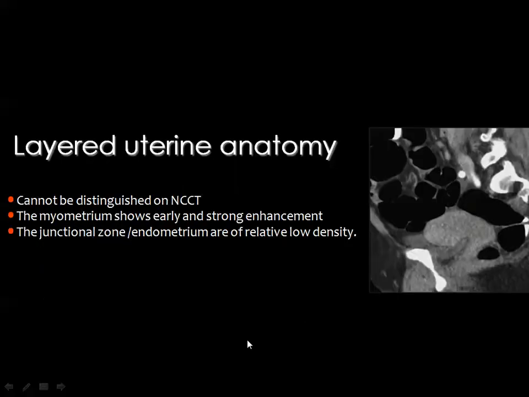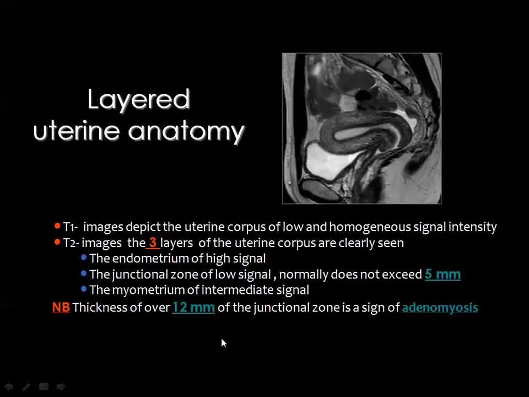And if you have the sagittal reconstructed image of the uterus by CT, you cannot, of course, see the zonal anatomy, but you are able to measure the uterine size, and you see the contour, and also you assess the thickness of the myometrium, for example, and to see masses coming out from the body of the uterus.